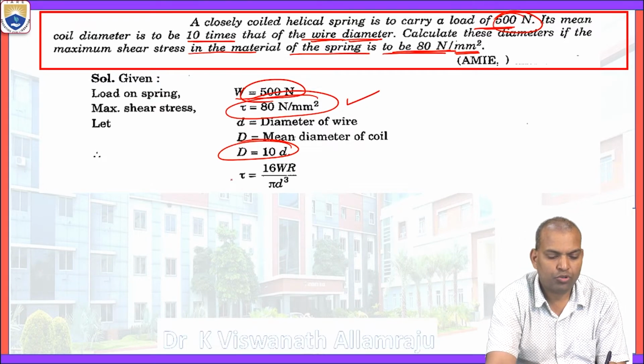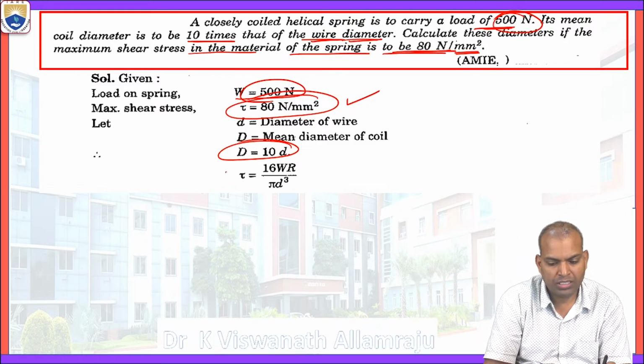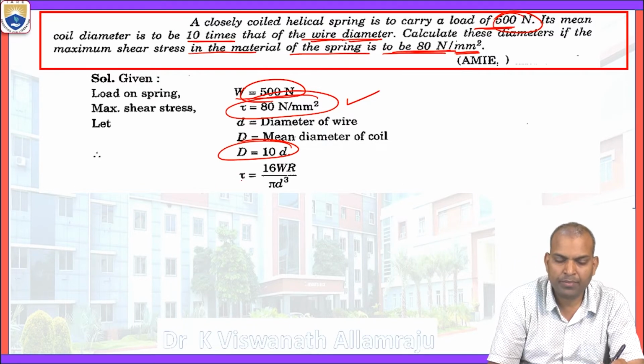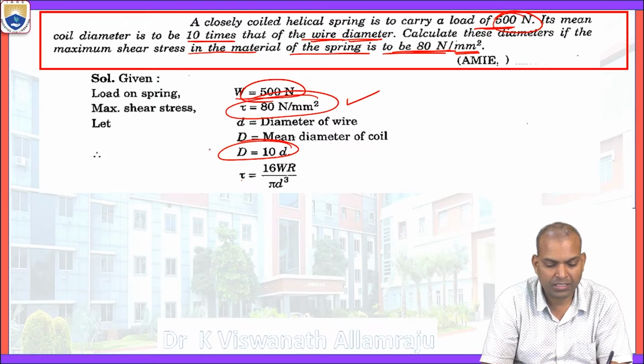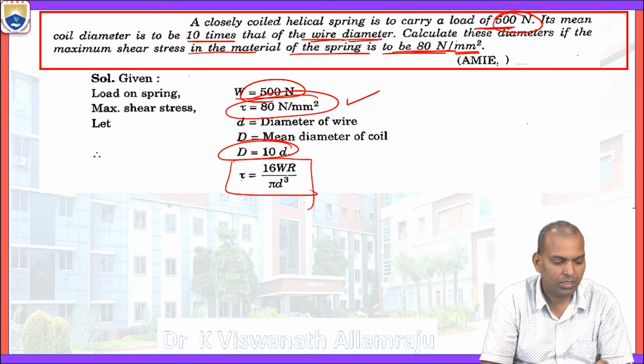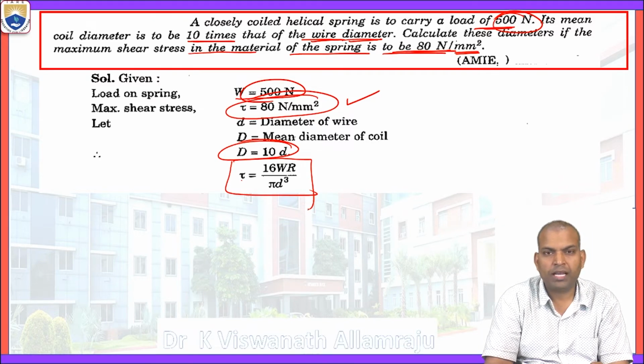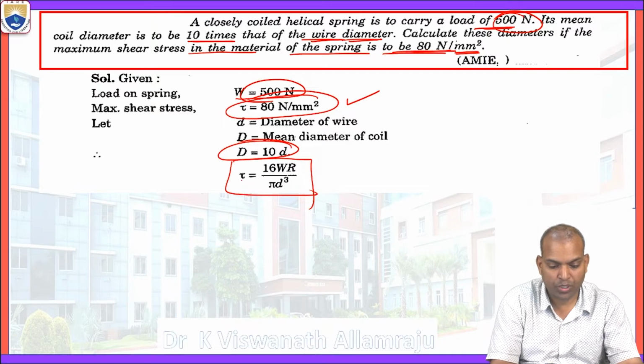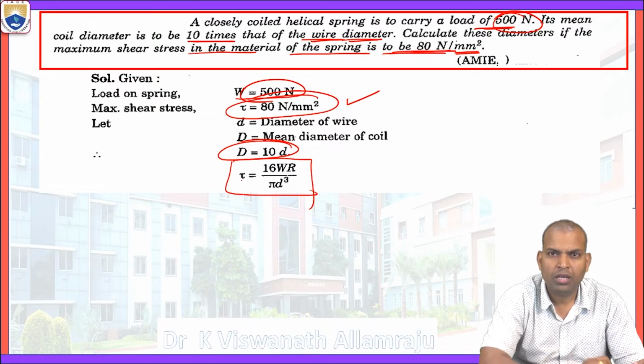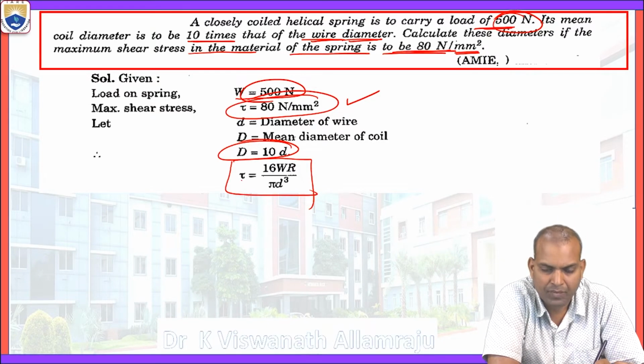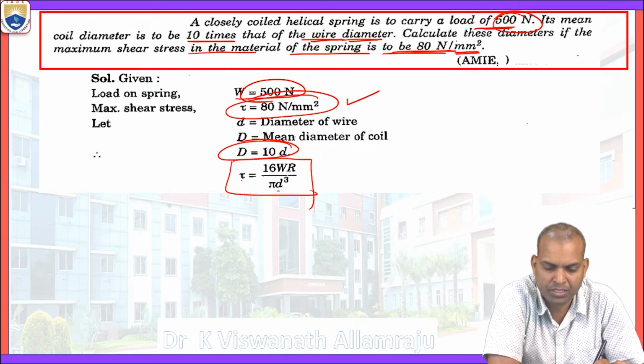So how to calculate? We know the relation between shear stress and the mean diameter capital D and small d. The relation is tau equal to 16 times WR by pi d cube. Substitute in this formula what is the W, what is the R, and what is the wire diameter.